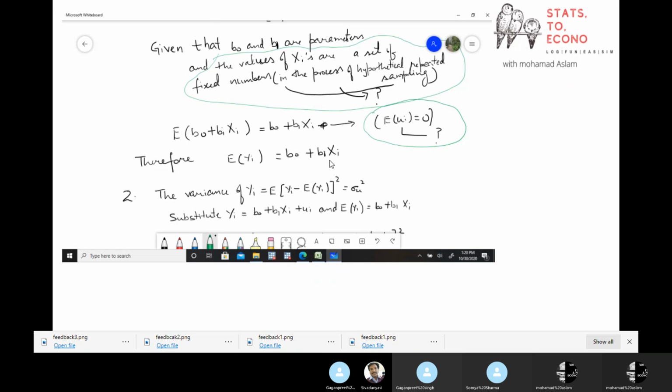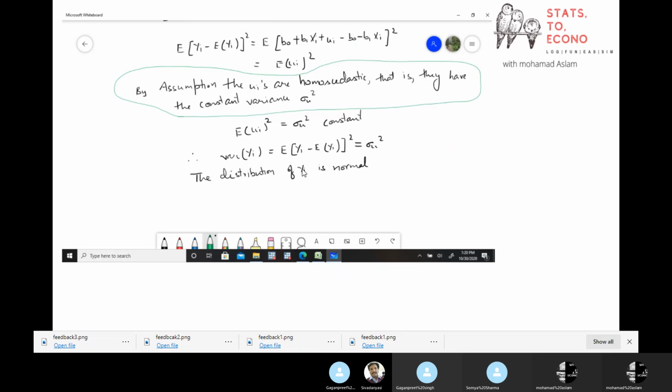Substituting, yi is beta 0 plus beta 1 xi plus the residual term, and expected yi is beta 0 plus beta 1 xi, with a negative sign, and this will be the variance of yi.